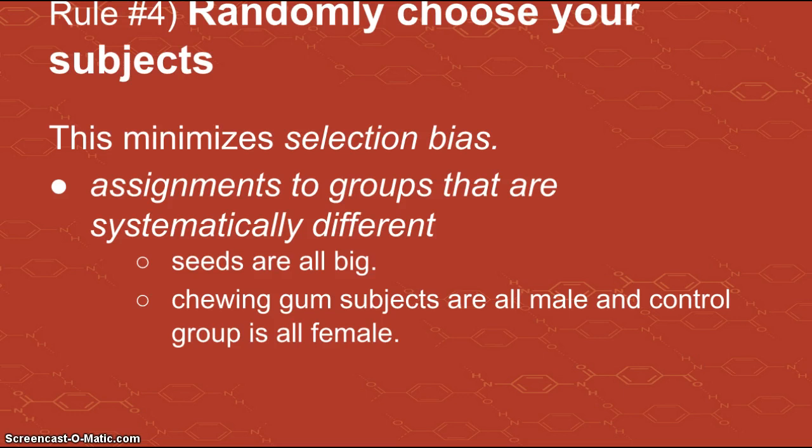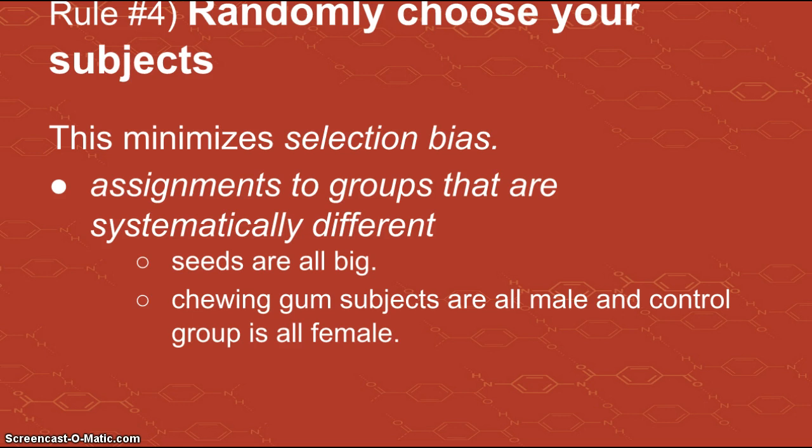Rule number 4, you want to randomly choose your subjects. There is an idea called selection bias, and selection bias is when you handpick your subjects, and that handpicking of the subjects could introduce another factor that would impact the results of the experiment.